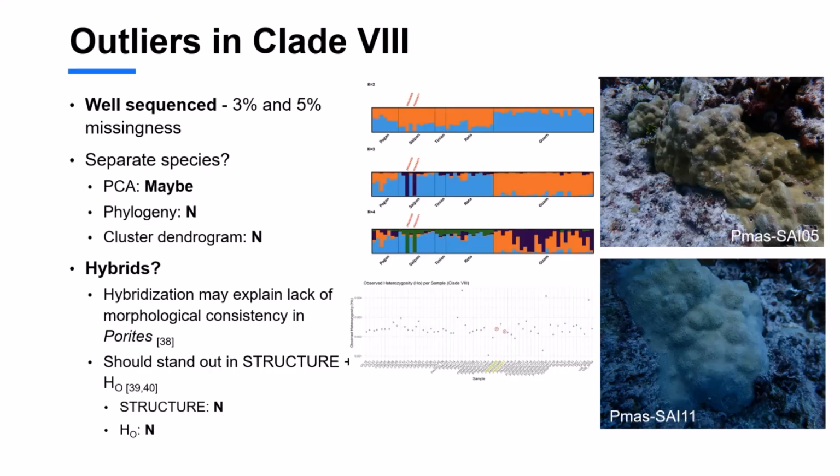Here's what they look like in terms of their heterozygosity compared to other genotypes in this group. Very much in the middle of the pack here. If they were hybrids, we would expect elevated rates of heterozygosity from the external gene flow from a separate species. So overall, these samples could probably be their own project on their own, but these are some of the hypotheses that I tested to explain their variation.